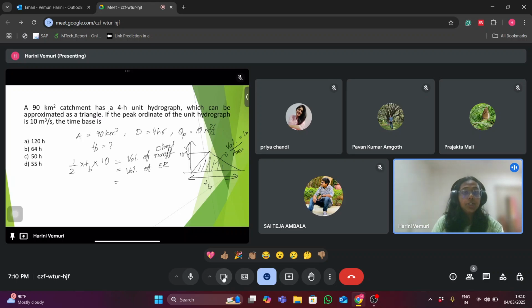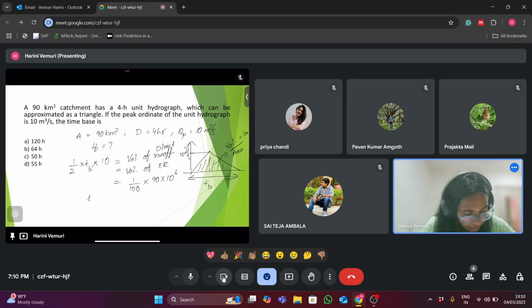We know for a unit hydrograph, 1 centimeter rainfall is occurring in 4 hours. So 1 centimeter is 1 by 100 meter into the area of the catchment, 90 kilometer square. If we convert everything in terms of meters, we have to multiply it with 10 power 6.